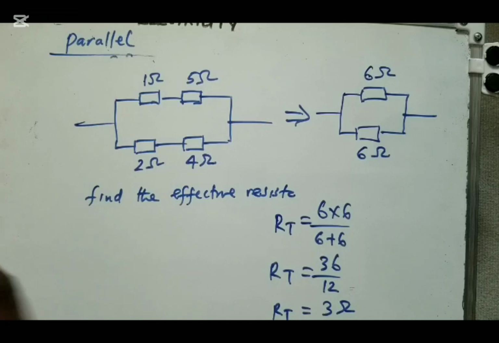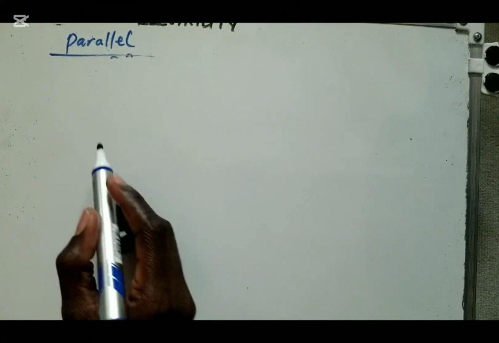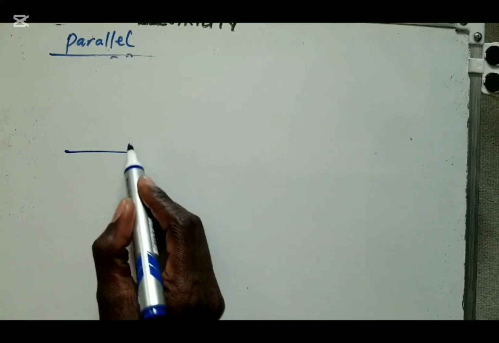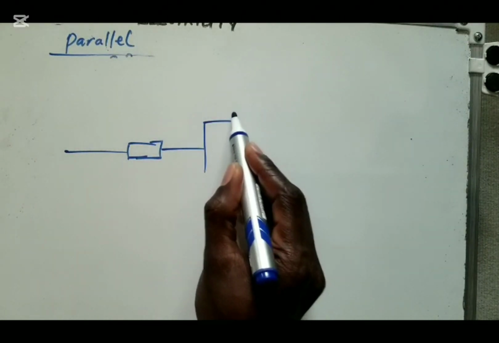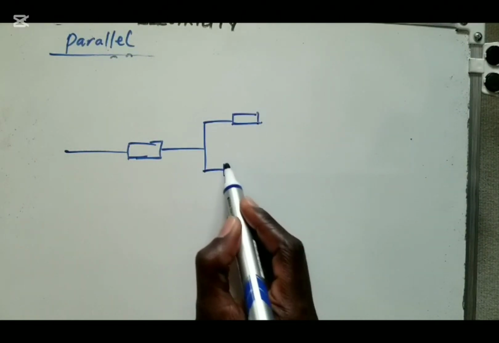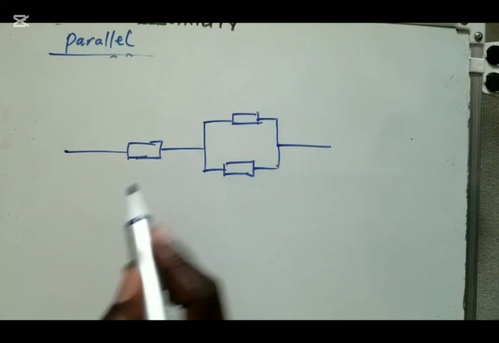If you're able to find the effective resistance in a circuit, then well and good. Let's put up a last one that you can enjoy, where you have a resistor in series and another one in parallel, and they tell you to find the effective resistance.